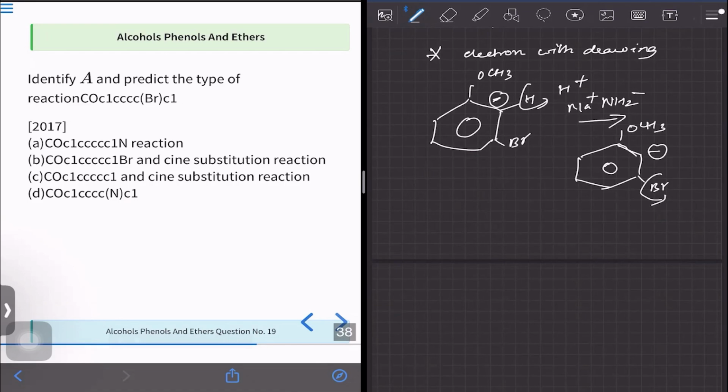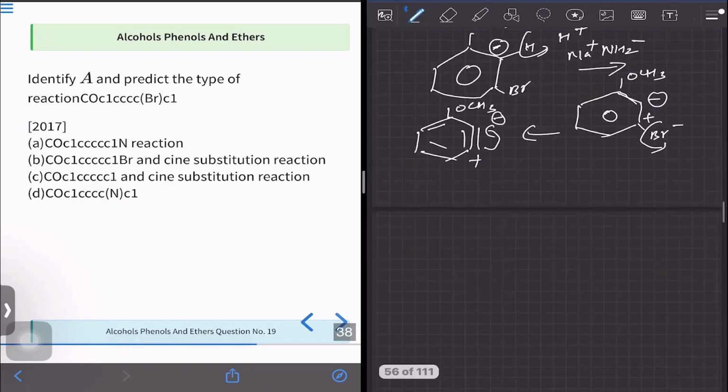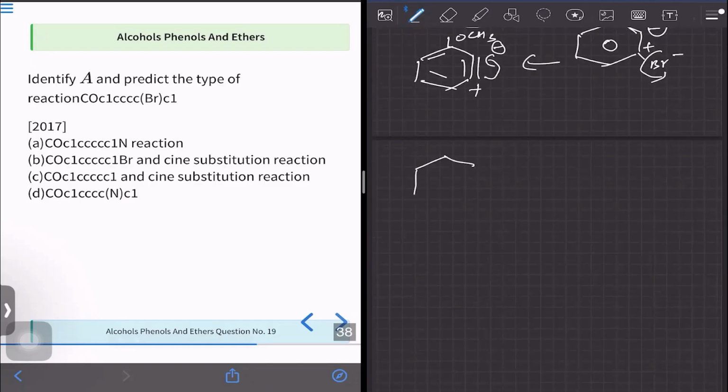So we can get positive here and bromine negative, and it forms a triple bond, that is 1, 2 forms a triple bond. And whenever there is a shift of this bond, this bond shifts like this, and it produces positive here and negative here, and OCH3.